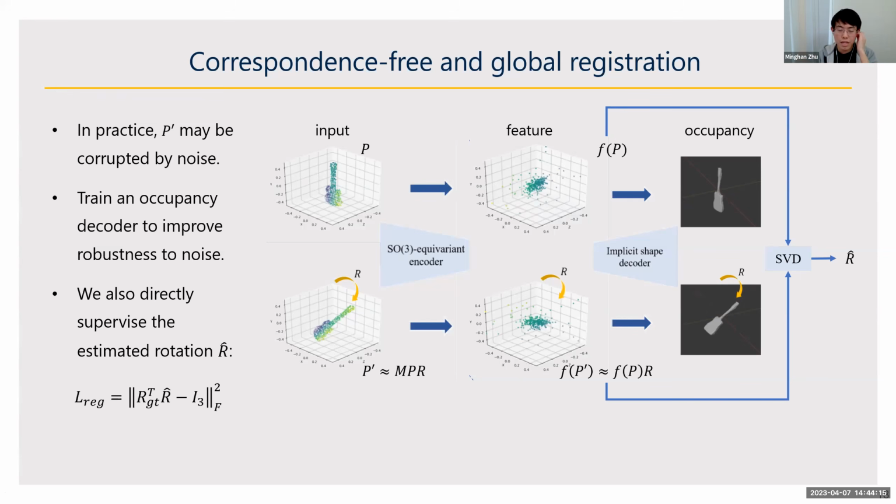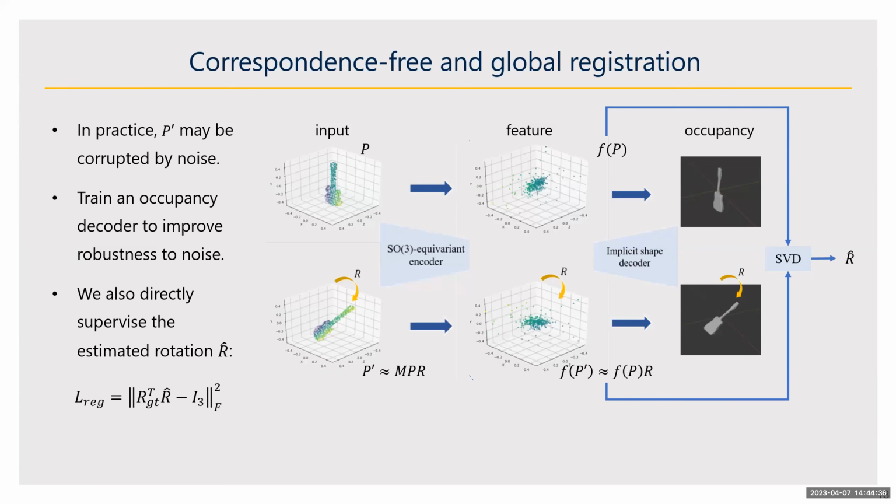However, if you can encourage the network to learn the feature space that preserves more of the orientation information, then even with the noise, the difference between the estimated rotation and the ground truth rotation can be made smaller.